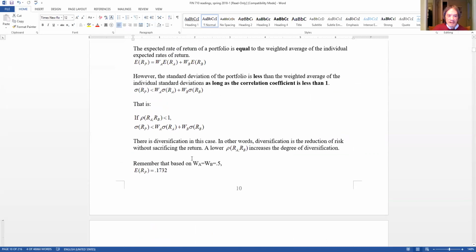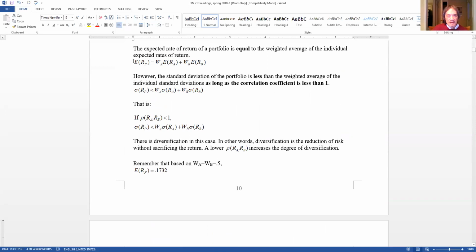Because the return of the portfolio is equal to the weighted average. It's not less than, okay? It is equal to the weighted average. So that's where we didn't sacrifice the return, but the risk is less than the weighted average. Let me repeat.